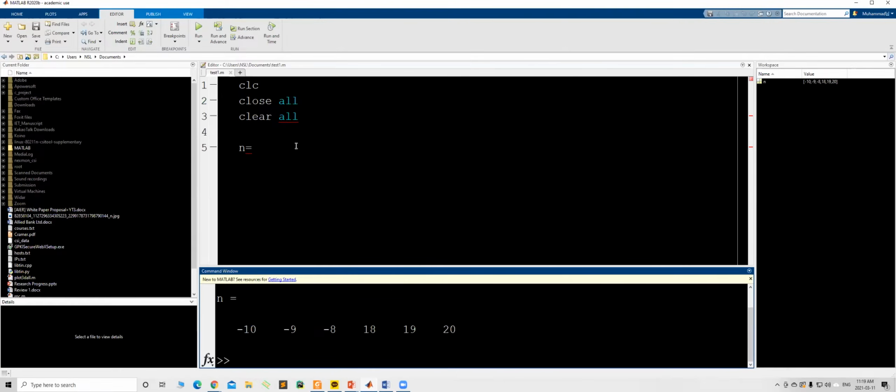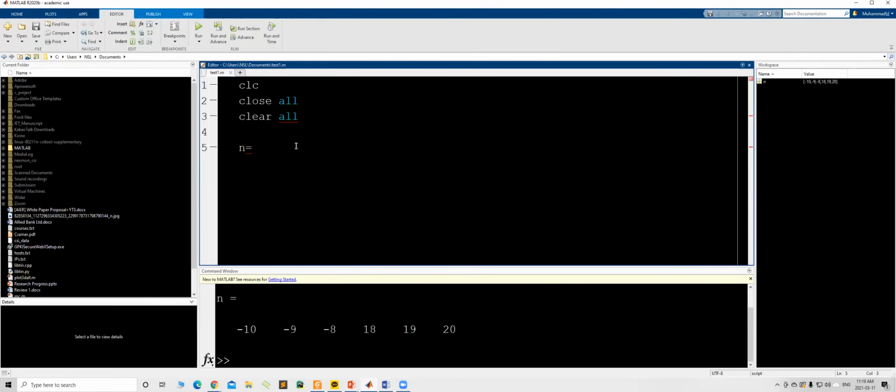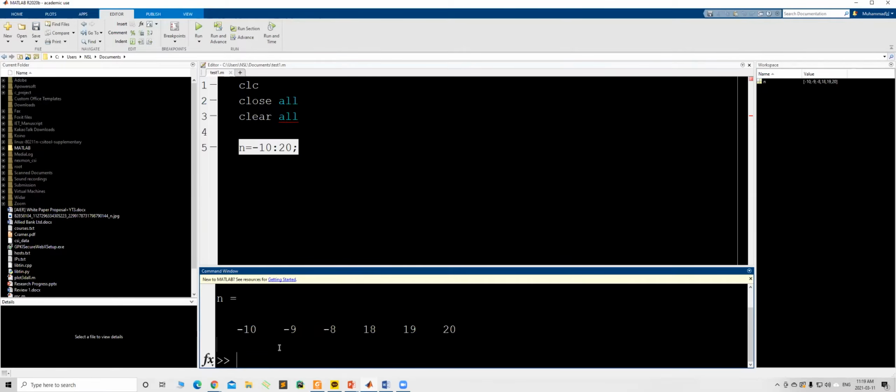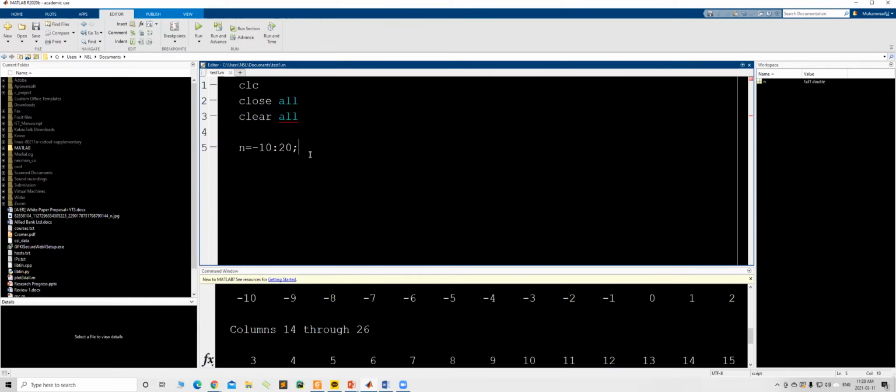You have to do everything manually, but we don't want to do that. The easy way is -10 colon 20, and it will do the same thing. If I show you, this is everything: -10, -9. So with one line you can do all that.